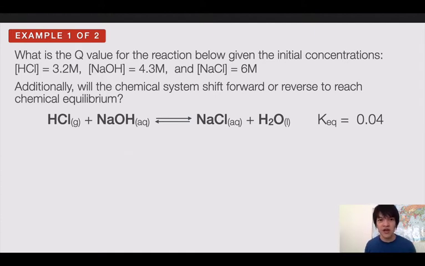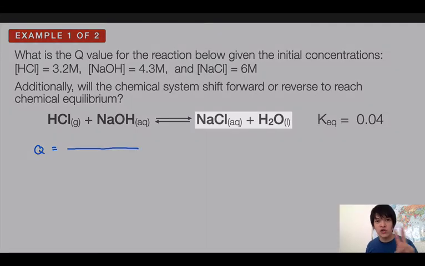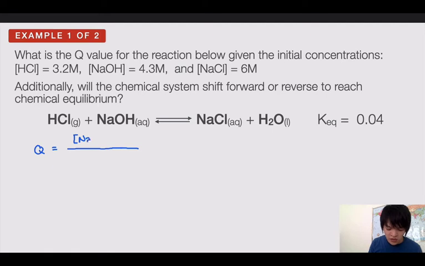So let's do the first thing. Let's calculate Q. This is going to be calculated just like we did with our previous lesson. So Q is equal to basically the products divided by the reactants. Now, in our chemical equation, we have two products. We're going to write them down. What's the concentration of NaCl, and what's the concentration of H2O?